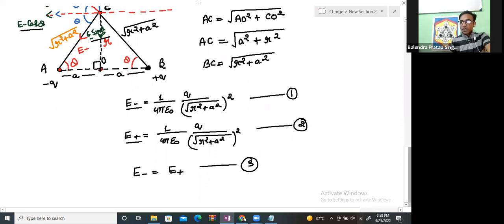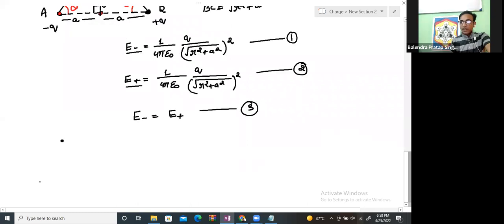As I drew, we are calculating the electric field at this point, and this is the negative q charge and this is the positive q charge. Due to the negative q charge the electric field is in this direction, and due to the positive q charge the electric field is in this direction. This is E plus and this is E minus.